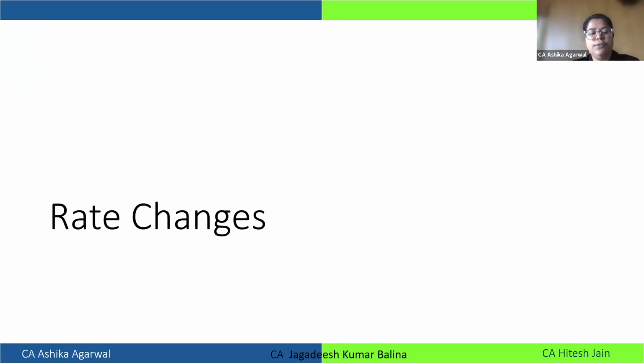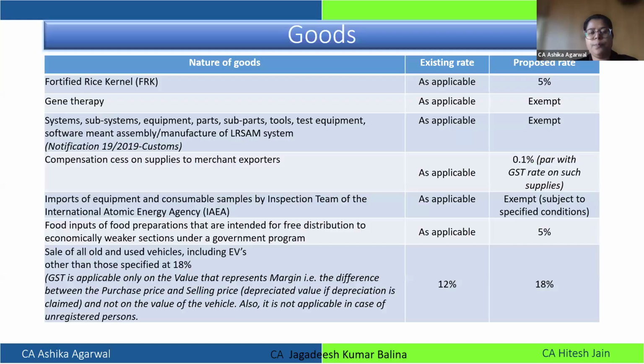Now coming to the part of rate changes. Now these are the rate changes which have been implemented and notified, in relation to goods. Over here, I am focusing on the part which is more or less relevant to all.